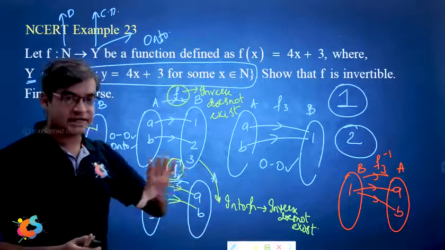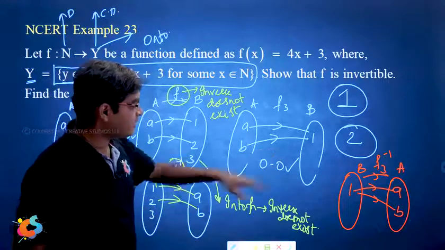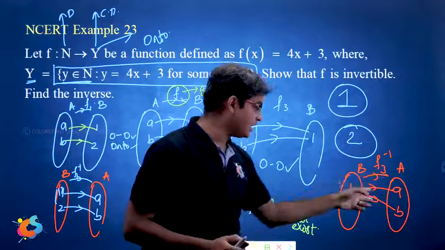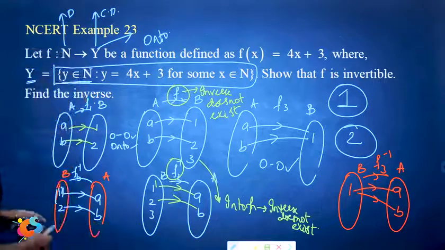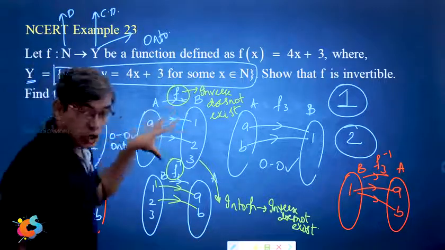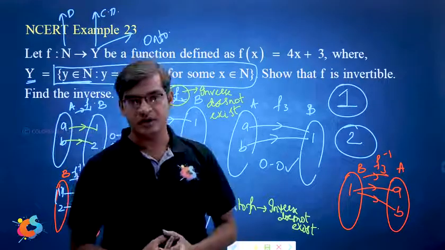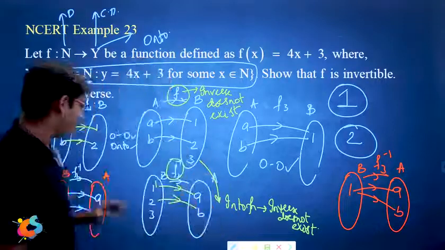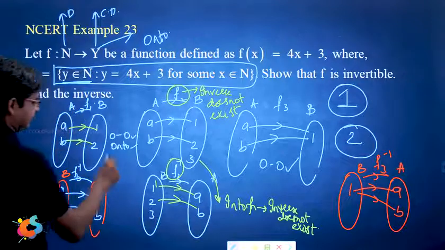There you will be able to understand very well. On the whole, what did we understand? If it is a many one function, then when you take the inverse function, more than one arrow will come out of some elements in the domain. Next, if it is not an onto function, there will be some elements which do not have any arrow coming out. So to have only one arrow coming out of every element, this function should be bijective.